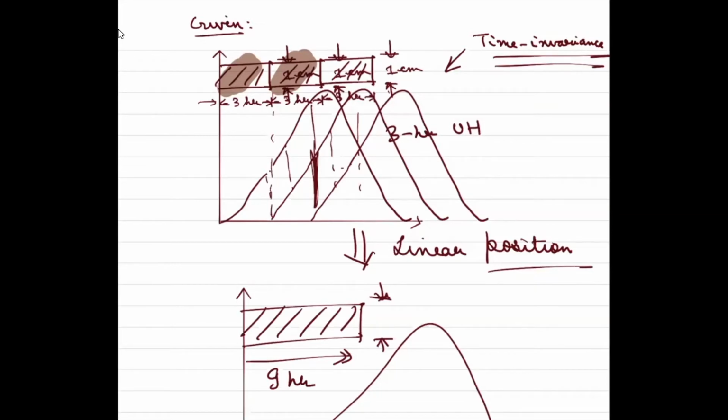In the first 3 hours, we got 1 centimeter of precipitation. In 3 to 6 hours, we got another 1 centimeter. In 6 to 9, we got another 1 centimeter. Over 9 hours, how much water did we collect? 3 centimeters. Cumulative 3, not 1 centimeter.